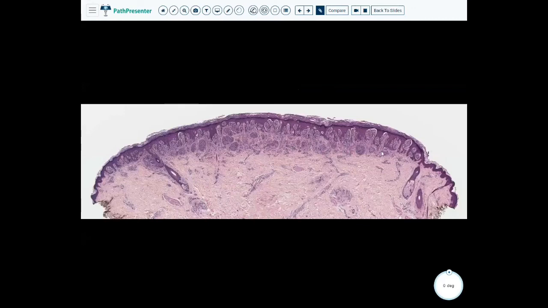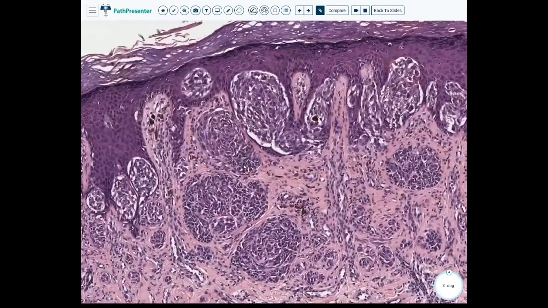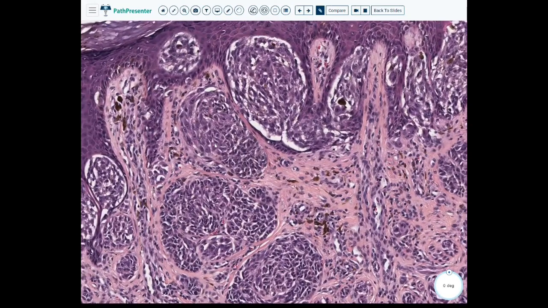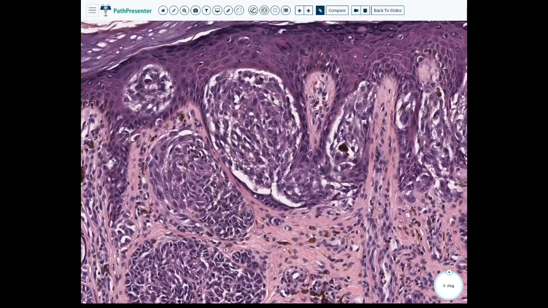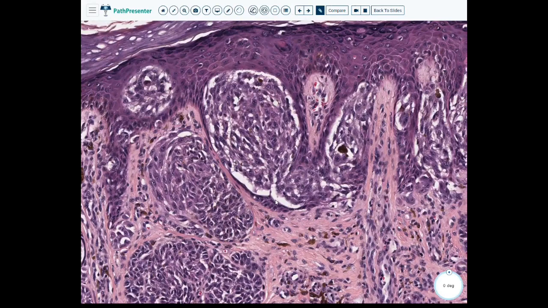Case 11. So what we see is that there's definitely something going on in the papillary dermis, right, the superficial dermis. And we can see that there's this subepithelial clefting, even at this power. Actually, this one might be within the epidermis.